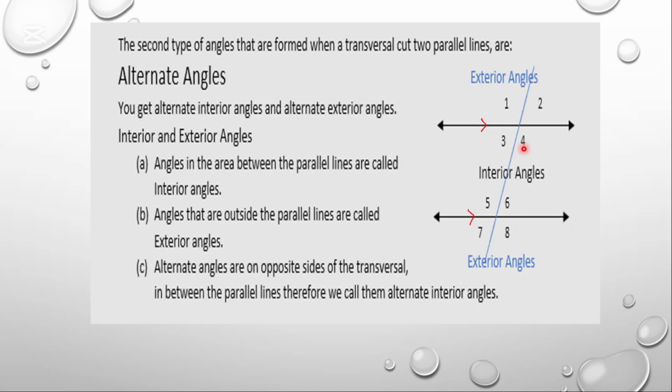So we find our alternate angles on opposite sides of the transversal in between parallel lines. Now we call them the alternate interior angles. 3 and 6 form a pair of alternate interior angles. 4 and 5 form a pair of alternate interior angles.